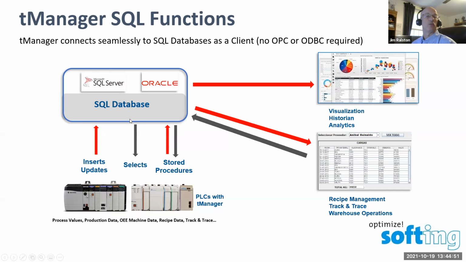Updates is a way to update a specific row in a table, and tManager can support that. Selects is a function of being able to pull data from a database table, and it's often used for things like recipe management, track and trace. So the select is actually being able to read information.